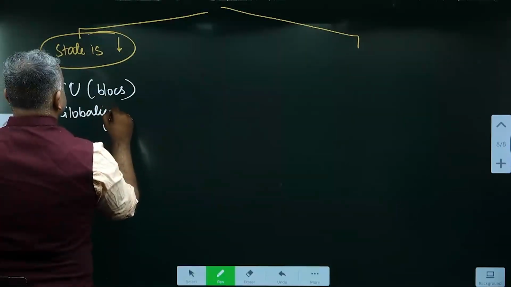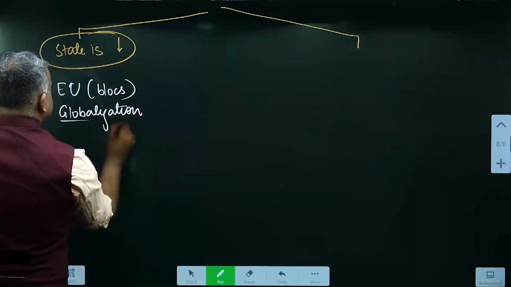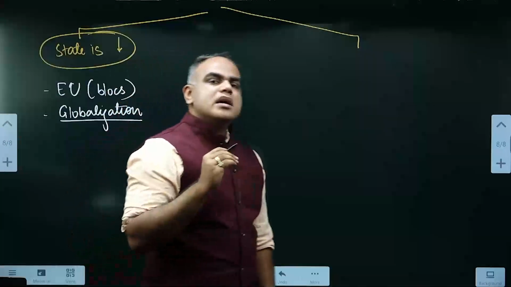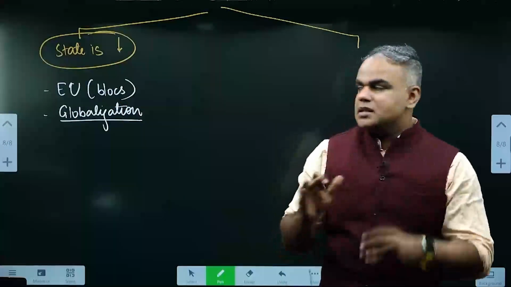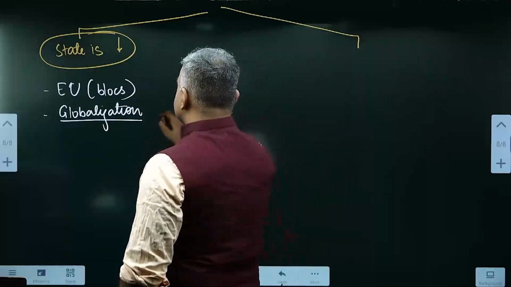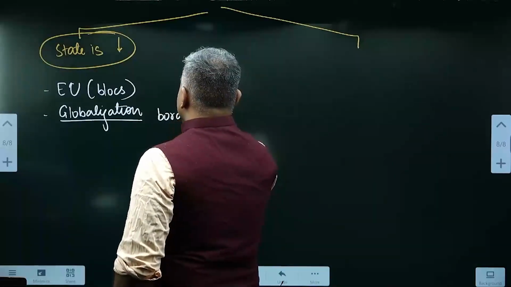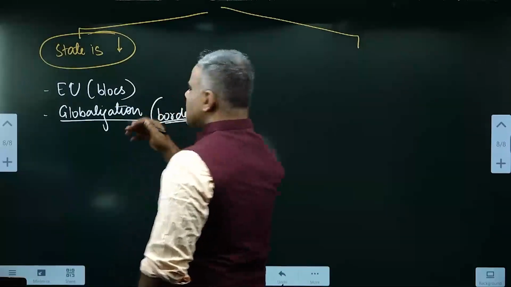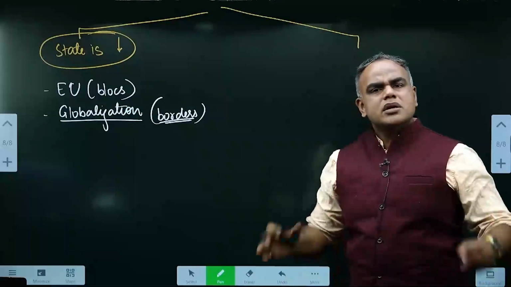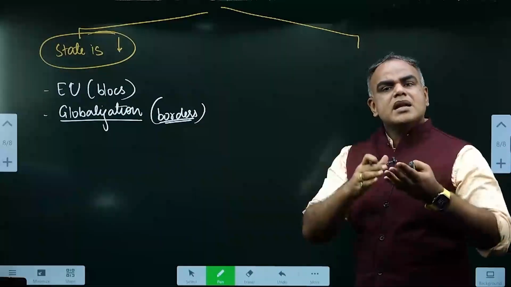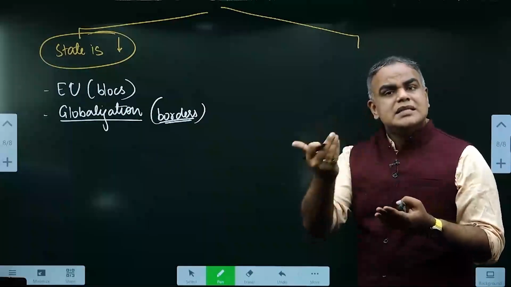Now in globalization, see, globalization fundamentally is what? According to Anthony Giddens, it is the compression of time and space. Now in globalization your borders, etc., will not remain a fundamental entity. The borders, the concept, because now people, ideas, everything, capital can move easily between borders.